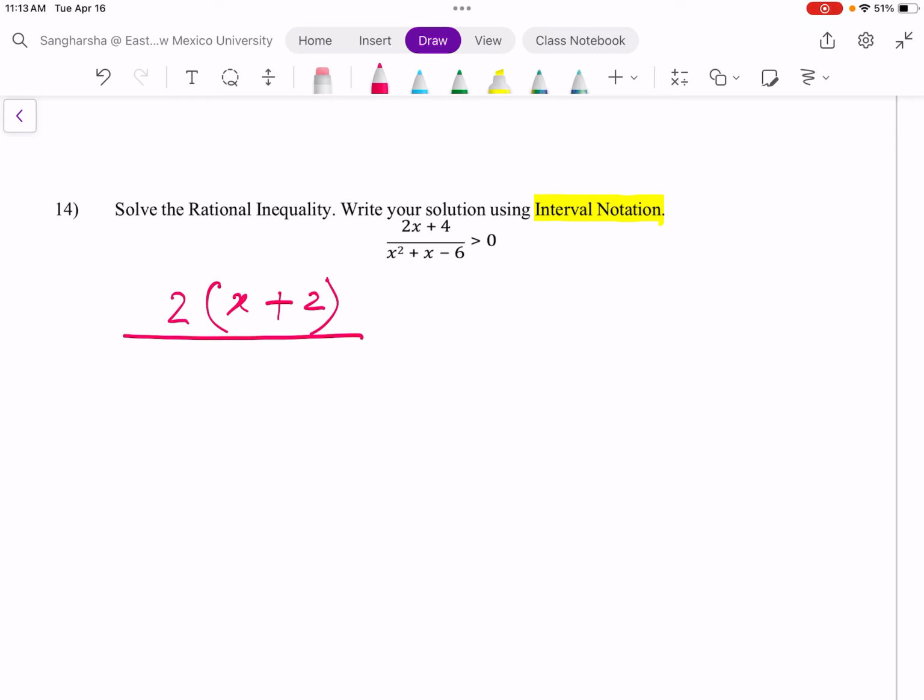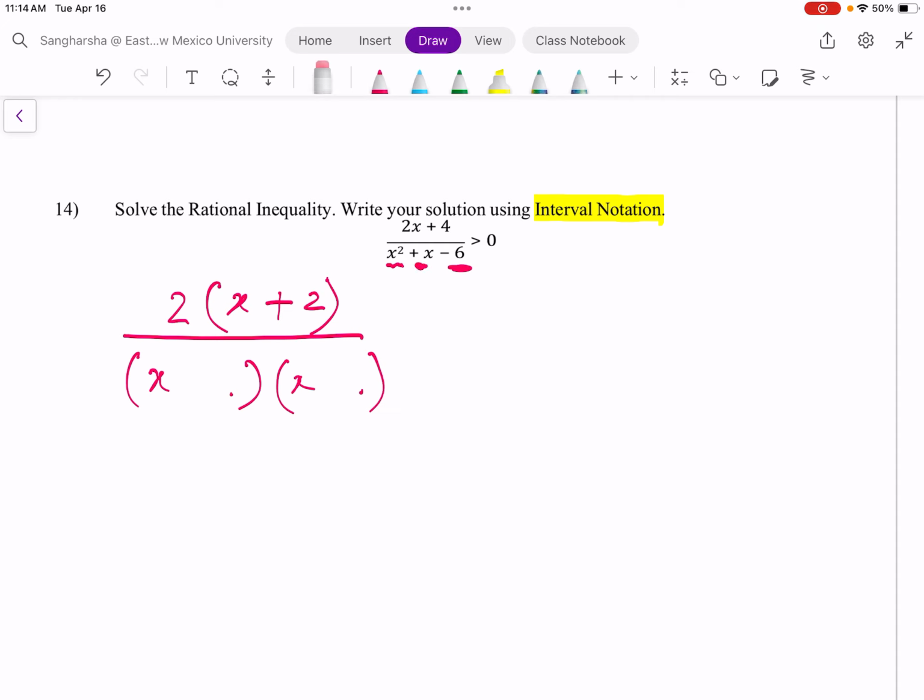Now in the denominator, what method do we use to factorize? AC or FOIL. This is a quadratic, so we have two options, AC or FOIL. The coefficient of the square term is 1, so we're going to use the FOIL method. Now what should be the first term? The product is x squared, x and x. Now let's find the two numbers whose product is negative 6 and sum is the coefficient of x, which is positive 1.